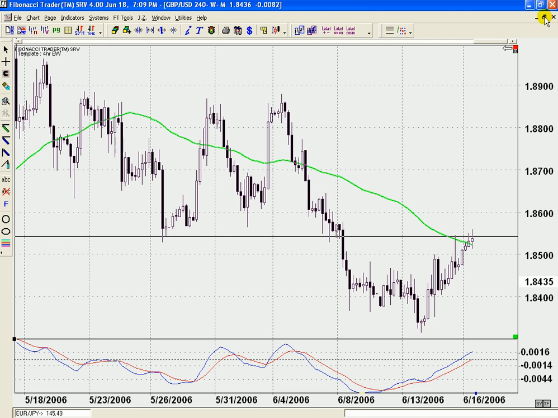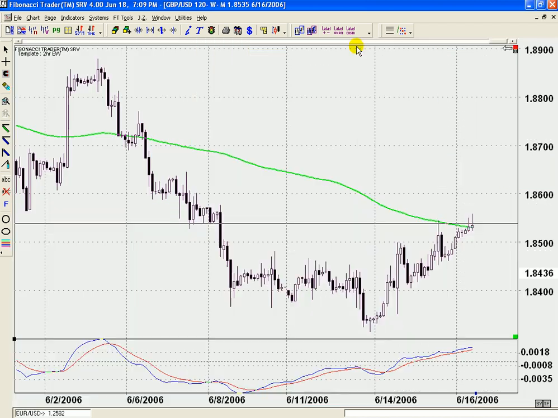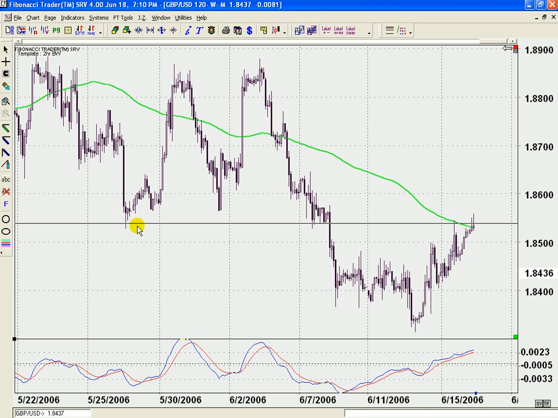Let's just have a look at our 2-hour chart, and I'm being a bit excessive here, taking you through every time frame, but I just want to do this to make a point. Here's our level of support, which is becoming resistance, and I just want to show you what that looks like on a compressed version. Lows become resistance.